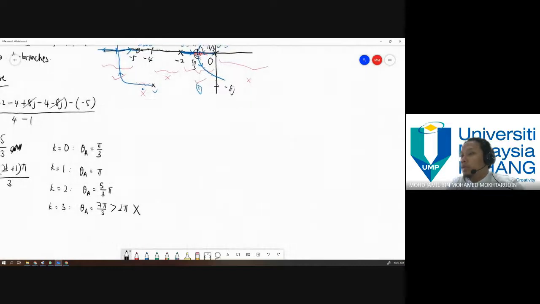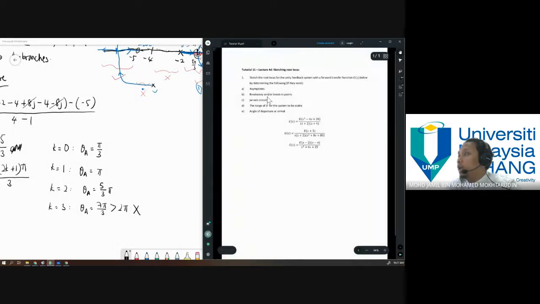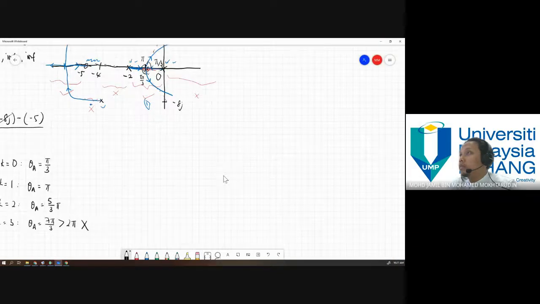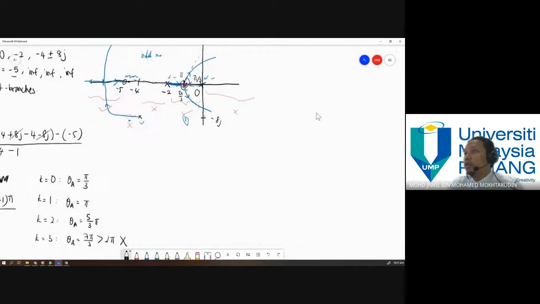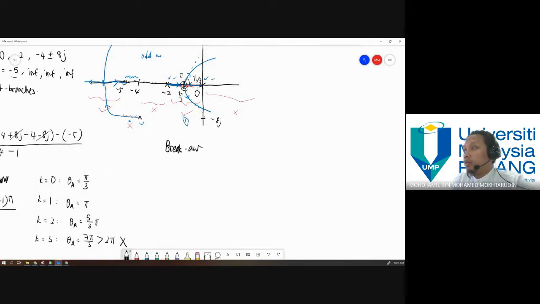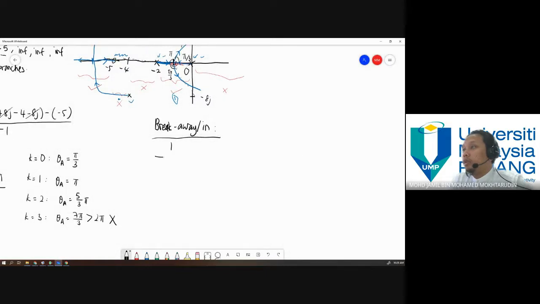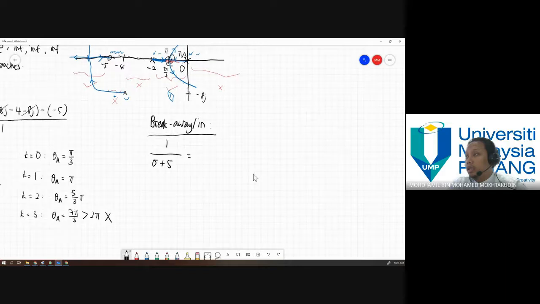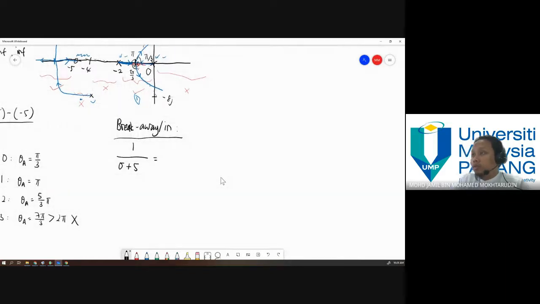Okay, so we found the asymptote, and then the next question asks you to find breakaway and break-in points. So the formula is summation of 1 over sigma minus zeros equals summation of 1 over sigma minus poles, okay?